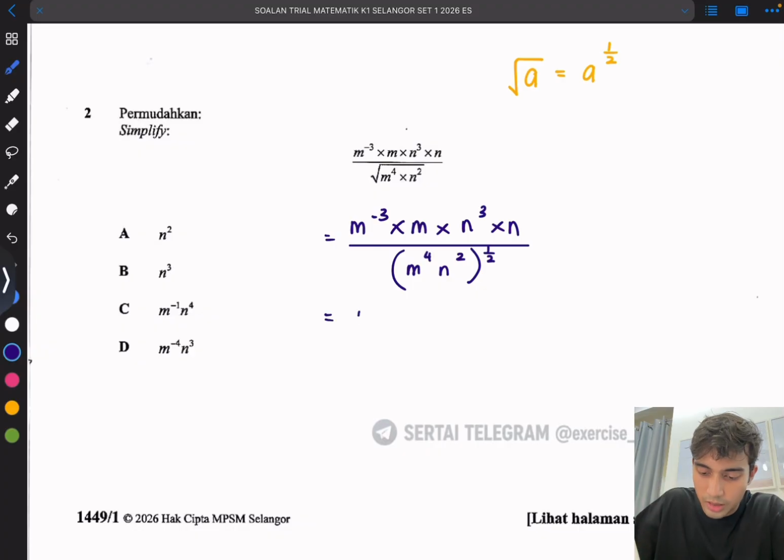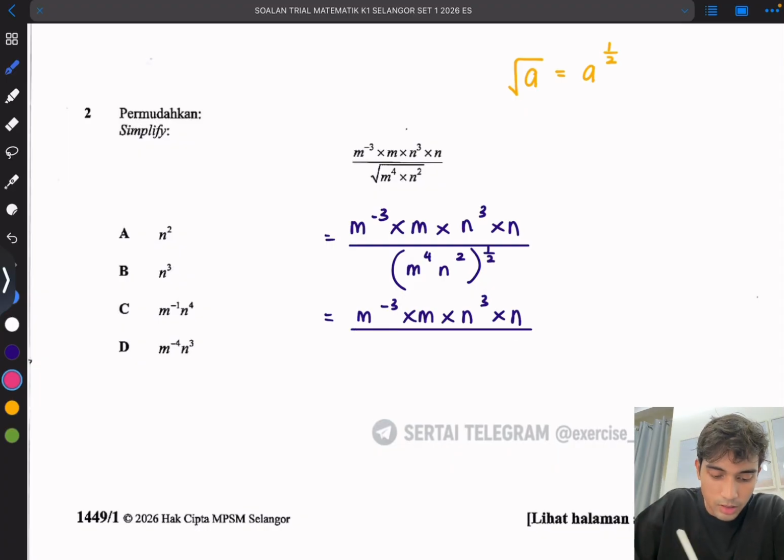So we'll get m to the negative 3 times m over here, 4 times 1 over 2 is 2, and then n squared, 2 times 1 over 2 is 1, so we get n to the power 1. Okay, now all the m we can solve together.